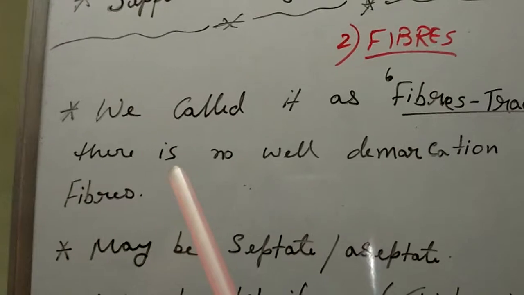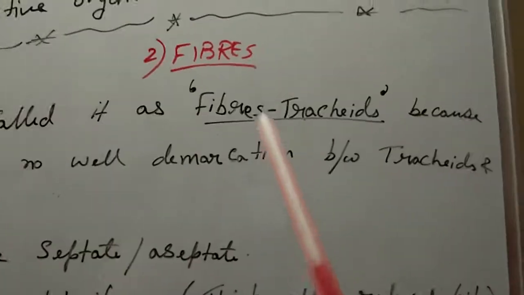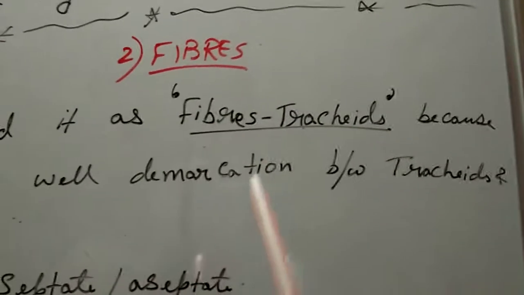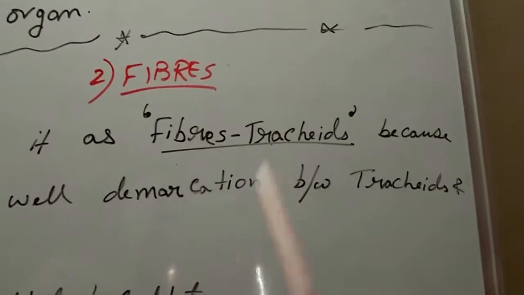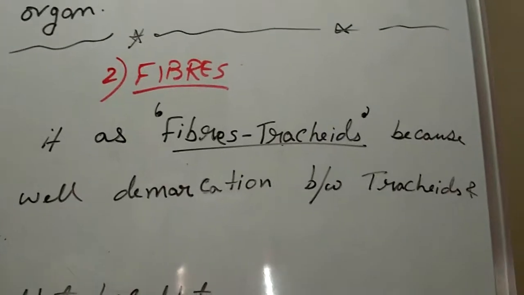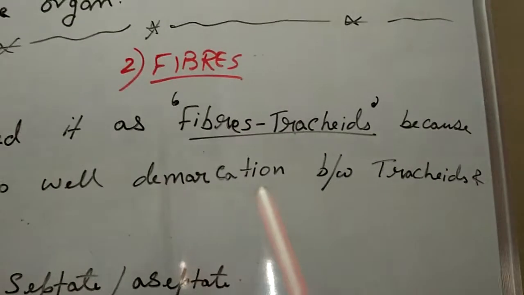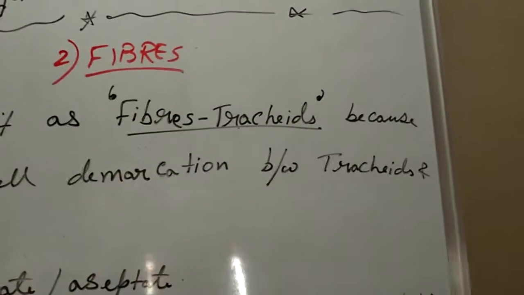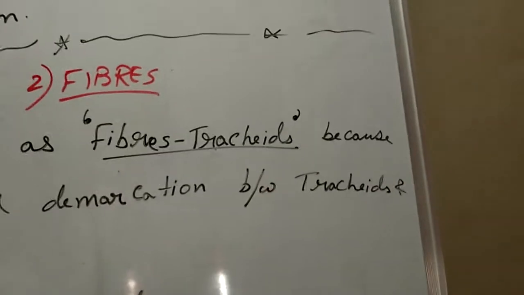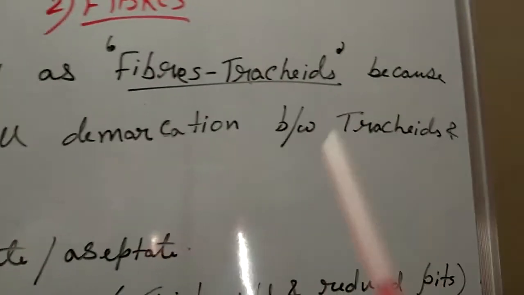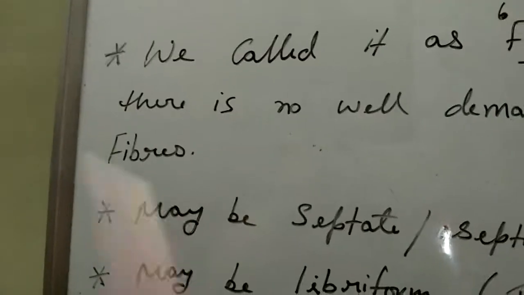Therefore we call fibers fiber tracheids. I have written here only fibers, but we actually call them fiber tracheids because fibers and tracheids are closely associated. Their functions resemble very well. They complement each other very well, and they cannot be differentiated very well on the basis of their functions, structures, and so on, because there is no well demarcation between tracheids and fibers.